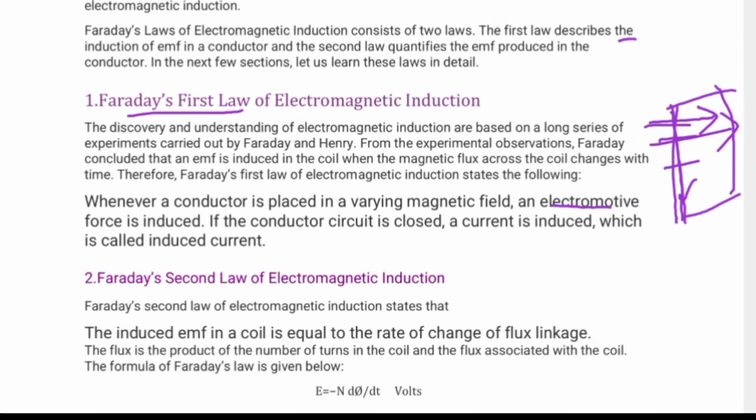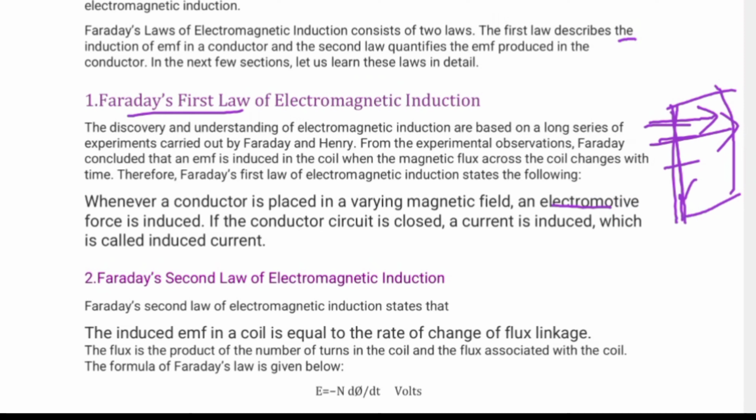Suppose the magnetic field is moving and the conductor is stationary, that is statically induced EMF, as in the transformer. But in the generator, the magnetic flux is constant or stationary, but the conductor is rotating. In the generator, you can see the rotor rotates, and that EMF will be generated. Dynamically induced EMF will be there in the generator.